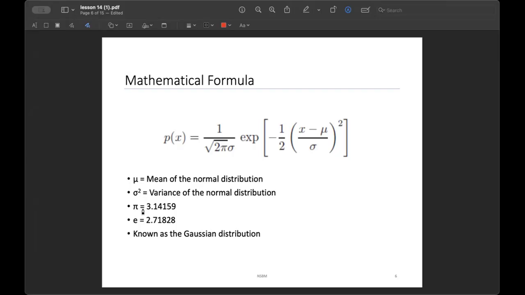Pi is 3.14, and e is 2.71, the exponential value. This entire expression we call a Gaussian distribution. That's the whole part.